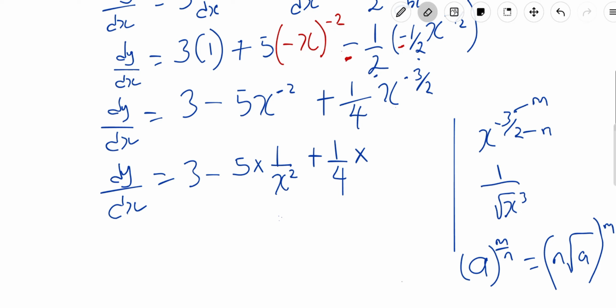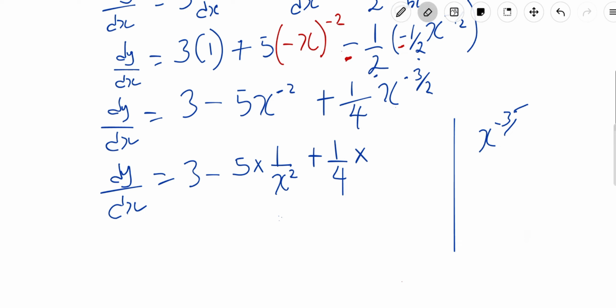So that was how I arrived at this. Let's recall that x to the power of negative 3 over 2 is the same thing as saying 1 over the square root of x to the power of 3.